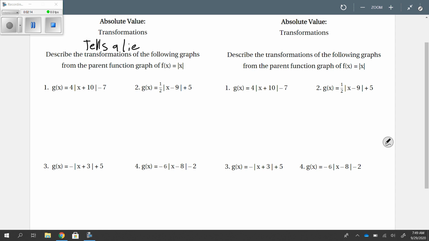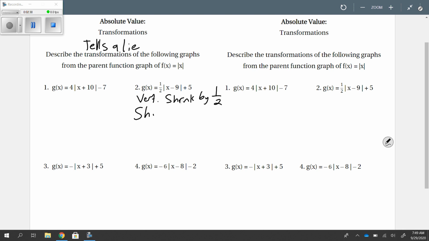All right, we'll go to number 2. Same thing. There's a number on the outside, but it is less than 1. Remember, 1/2 is less than 1. So vertical, I'm going to start using abbreviations. Shrink by 1/2. Okay. Then we move on. The minus 9 is on the inside, so it tells a lie.